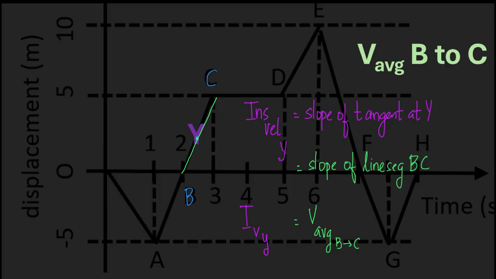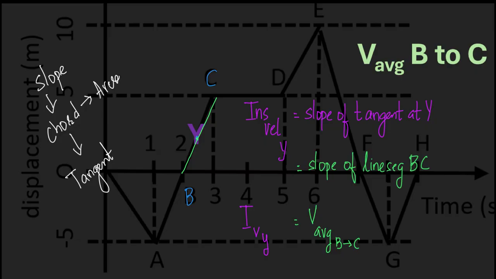So look at the hierarchy of concepts that we're learning. We first learned what is slope. Then we saw slope of a chord. Then we saw slope of a tangent. Applying the slope of a chord to find average velocity. Applying the slope of a tangent to find instantaneous velocity.